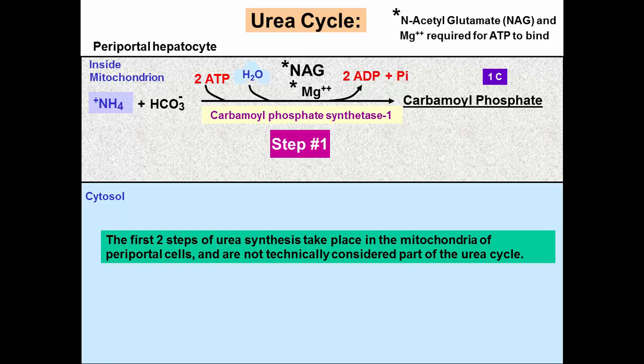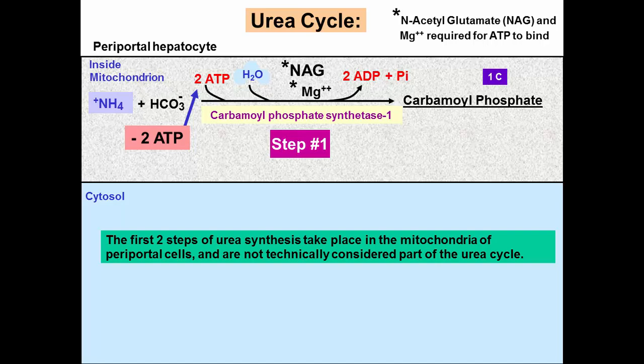And magnesium is also needed to help the ATP bind to the enzyme so that it can carry out the reaction. So we need magnesium, we need N-acetyl glutamate. The other point I made is the ammonia. The nitrogen is coming from ammonia, the carbon is coming from CO2 to make urea. And that's in the first step.